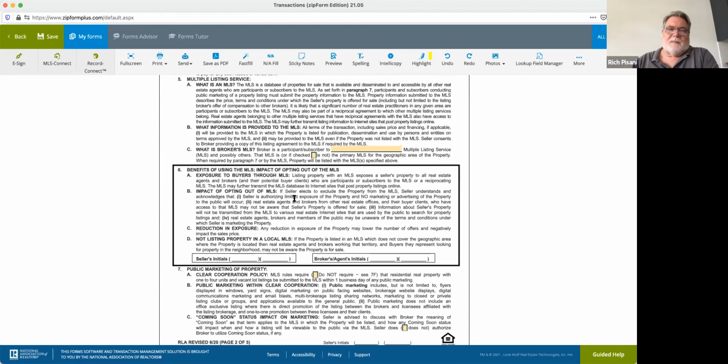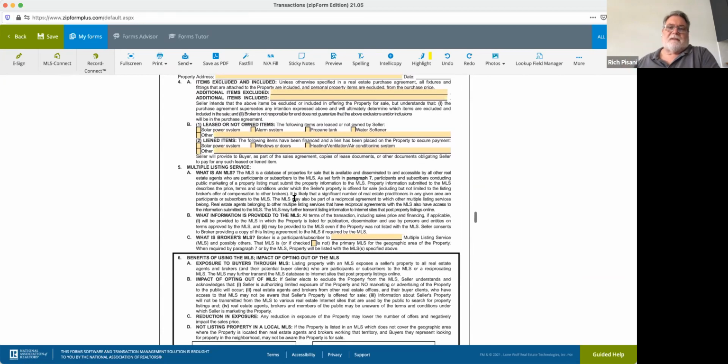let's back up, sorry, and let's talk about the MLS, about what excluding it means. If you exclude a listing from the MLS, what that means is that that property can only be marketed within your brokerage. And your brokerage is your individual office.